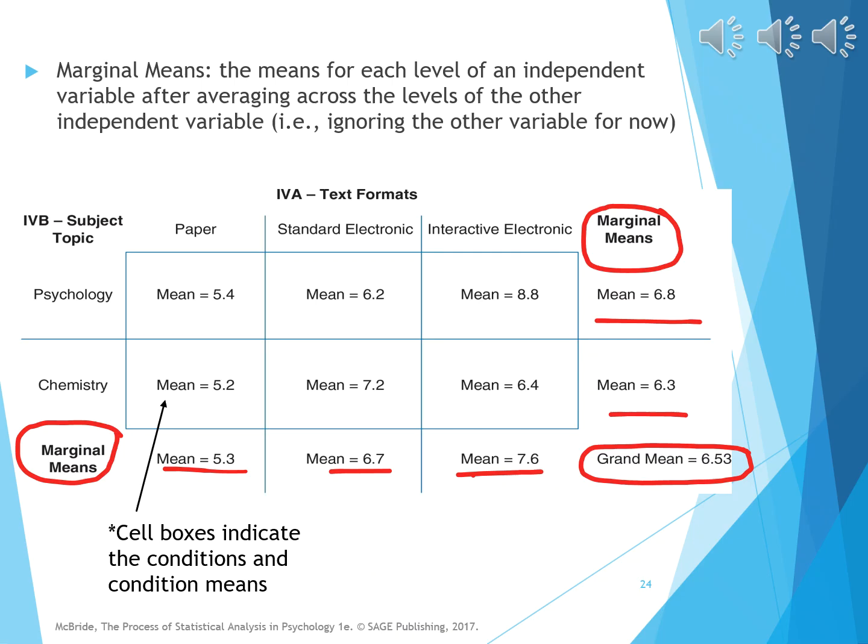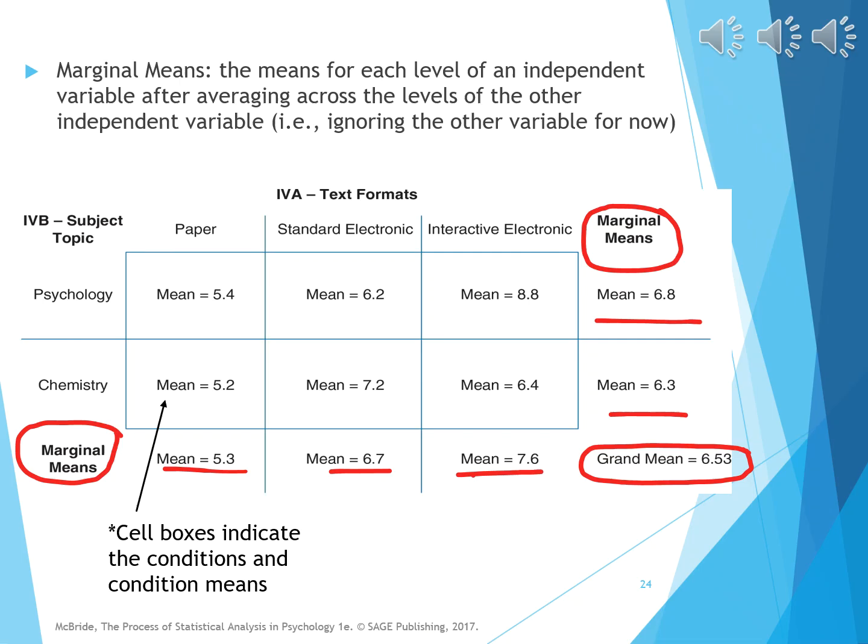What you do in a two-way ANOVA is calculate all of these marginal means, which just means you take the means of each of the conditions and average them for each level of each variable. So what do I mean by that? Now let's look at rows instead of columns.